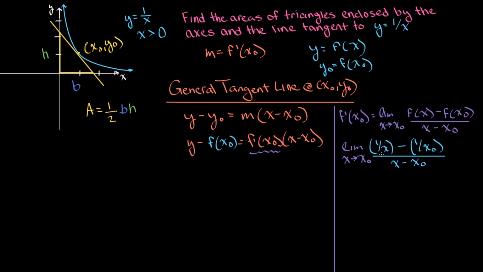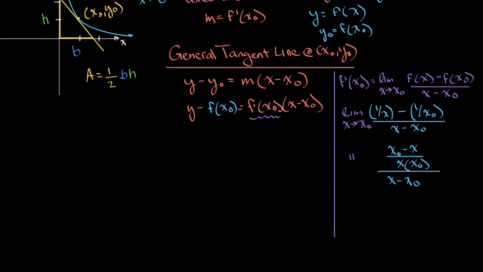So let's get some common denominators, and we're going to be left in the numerator with x naught minus x over x times x naught, and then we still have this denominator here. Again, we're still taking the limit, but to save some time, I'll just put those 2 marks there. So we can evaluate this limit, let's take this denominator out and also take out a -1, because then we would be able to cancel the x minus x naughts.